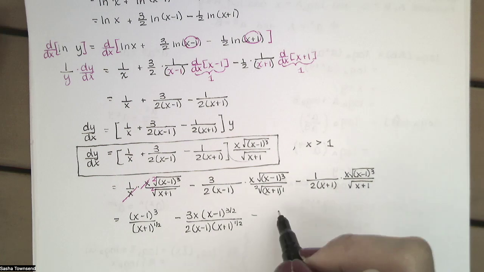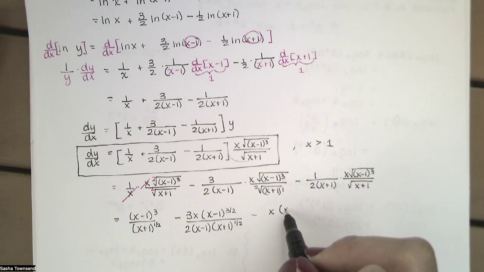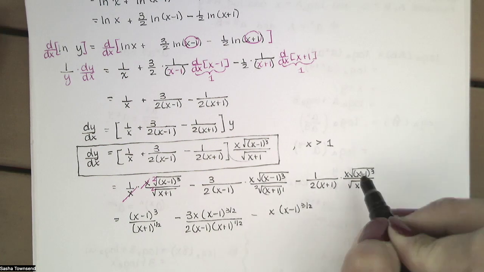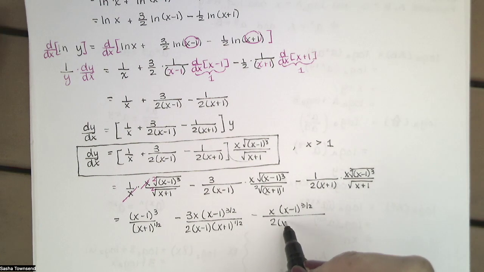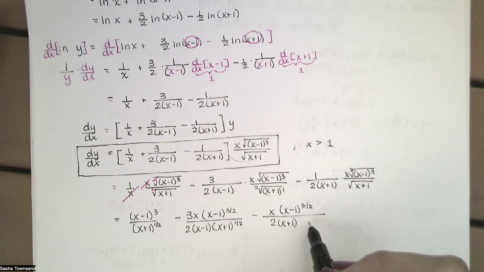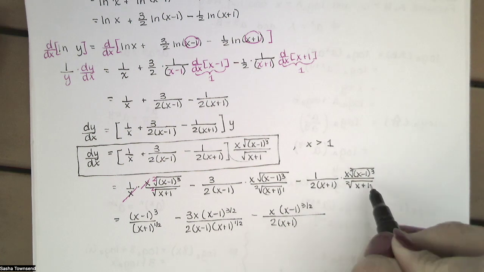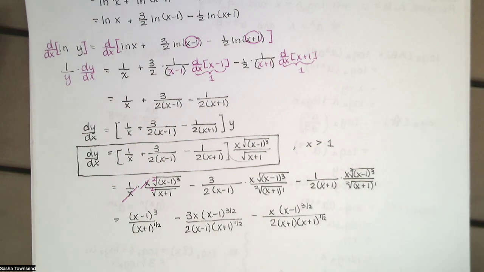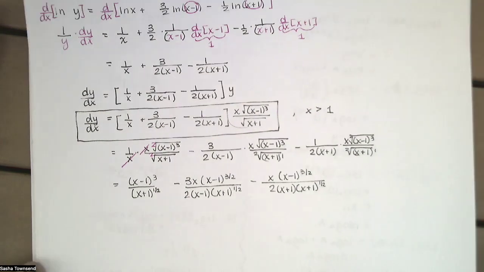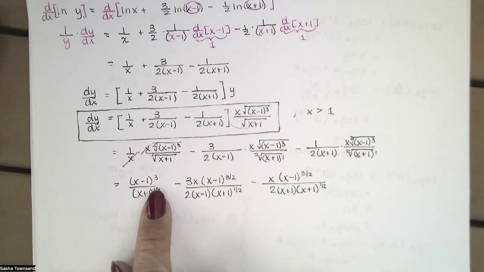And then if we multiply straight across, we've got x times x minus 1 to the 3 halves again, because there's that implied 2 there, all divided by 2 times x plus 1 times x plus 1 to the 1 half power. Okay. Now this can't be simplified, so I'm going to leave it alone.